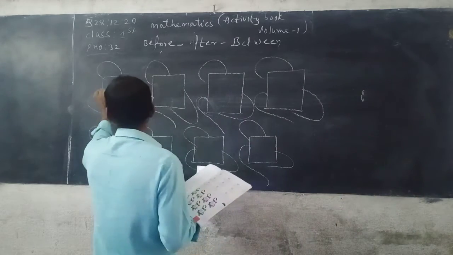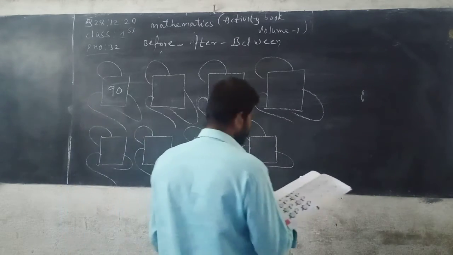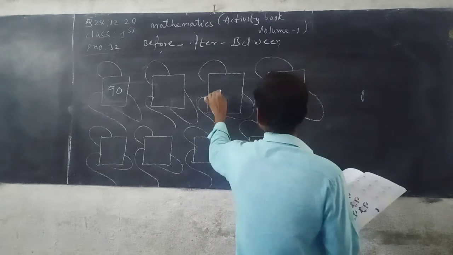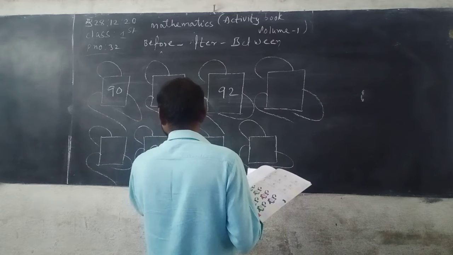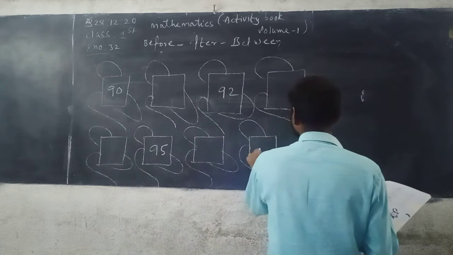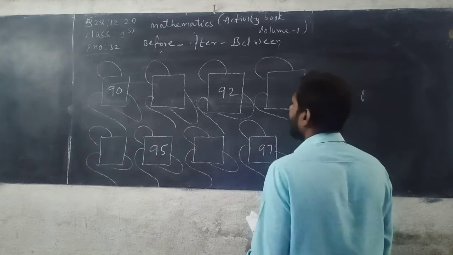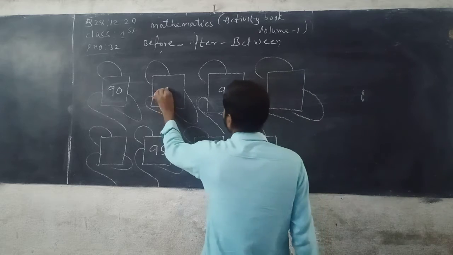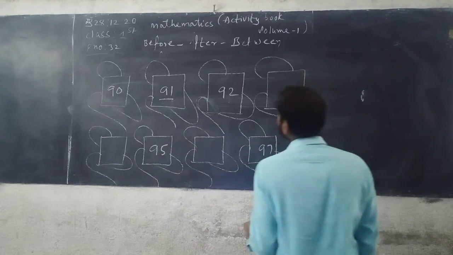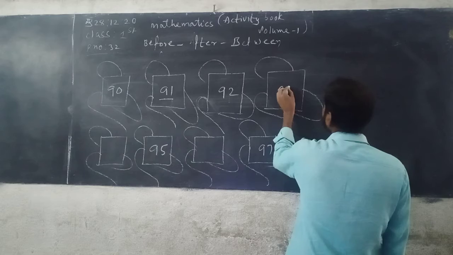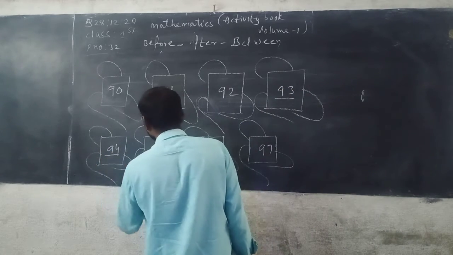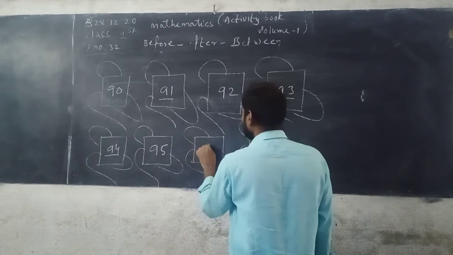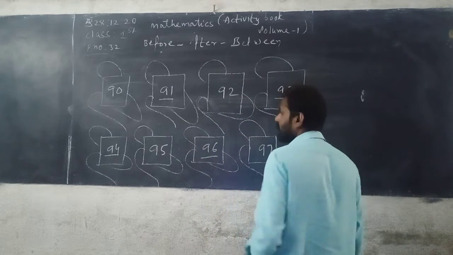Here, beta, 90. Here 92, 95, 97. So then you can write the missing numbers. 90, 90 after 91. Next, 92 is given. 92 after 93, 93 after 94. So 95 is given. 95 after 96. 96 after 97, already given. Write down, everybody.